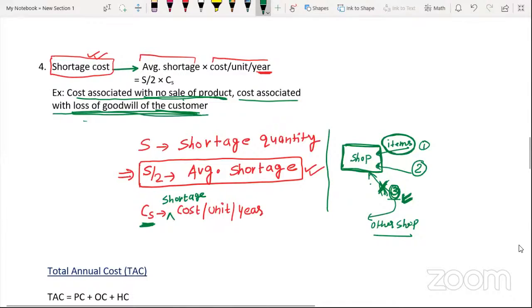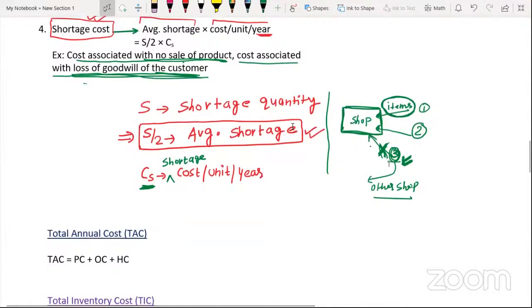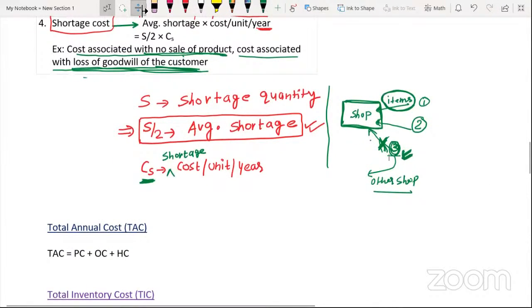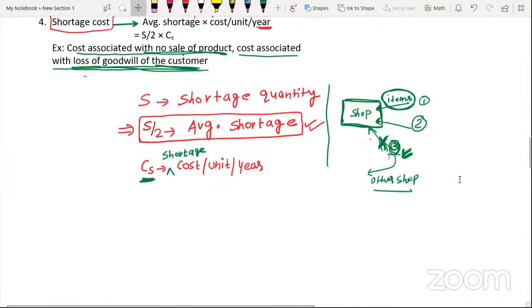And sometimes there is intentional shortage, because the cost of holding the items becomes more.